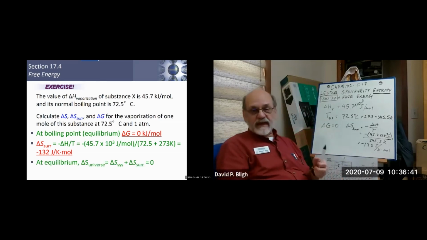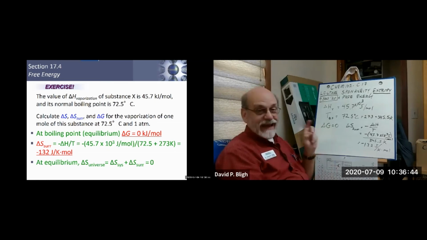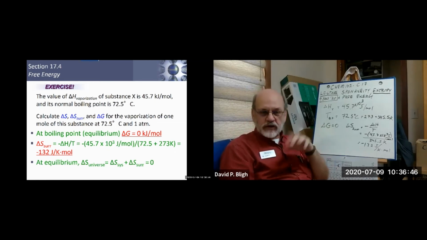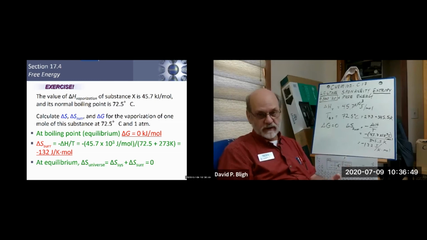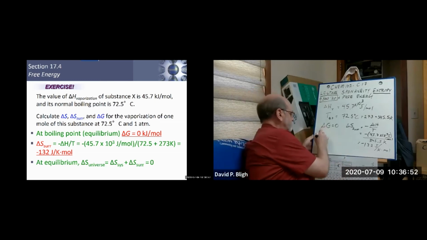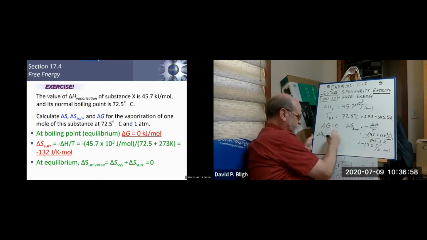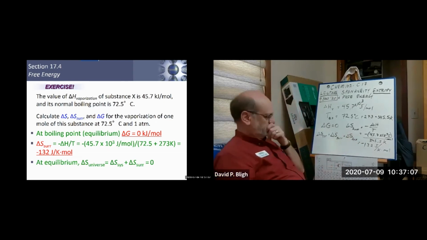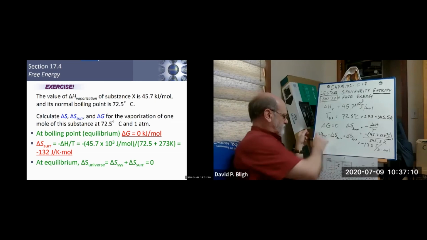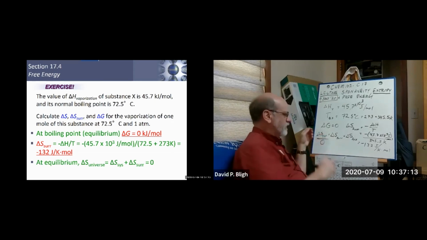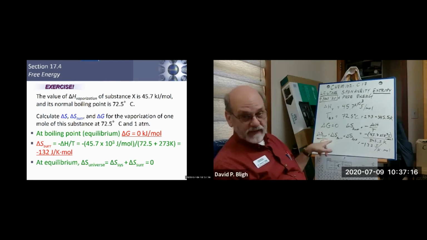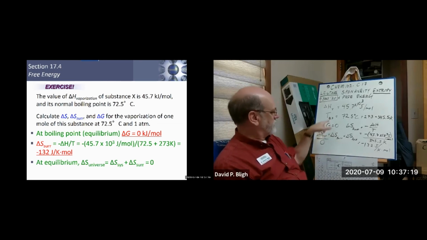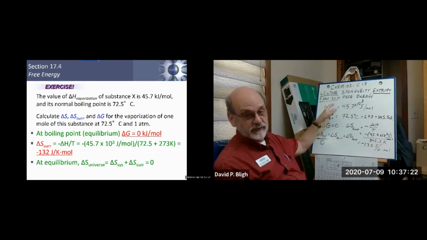Okay? And then at equilibrium, the total delta S is also equal to 0. So the change in delta G at equilibrium, that's 0. All right, that's important, at equilibrium, which is boiling point or melting point. In this case, boiling point.